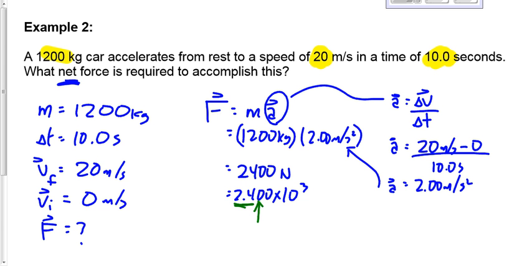So it's 2.4 times 10 to the 3. If we said let's say it was 2458, 2.458, the third digit would be a 5. Then we would round the 4 up. It would become a 5, 2.5 times 10 to the 3.